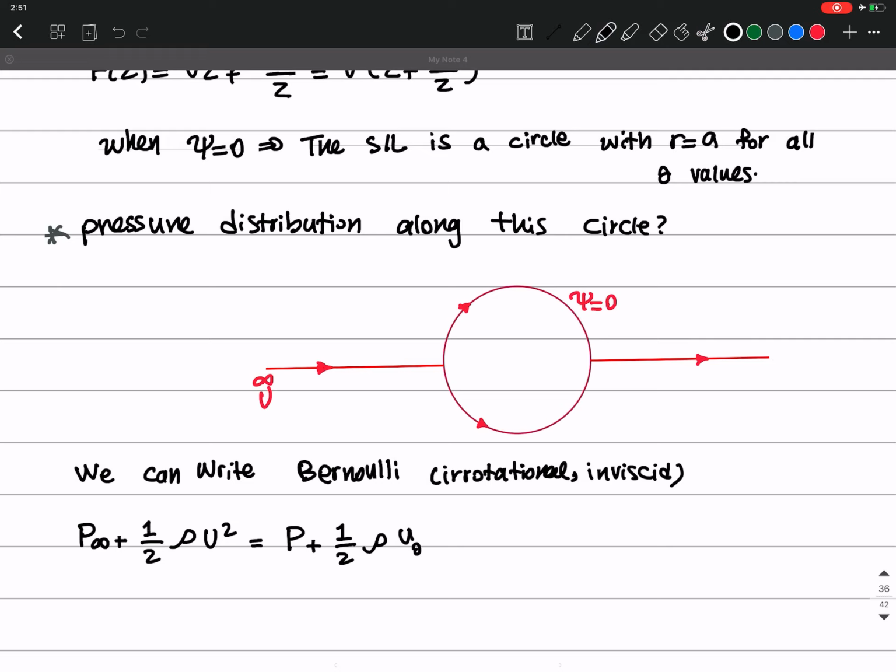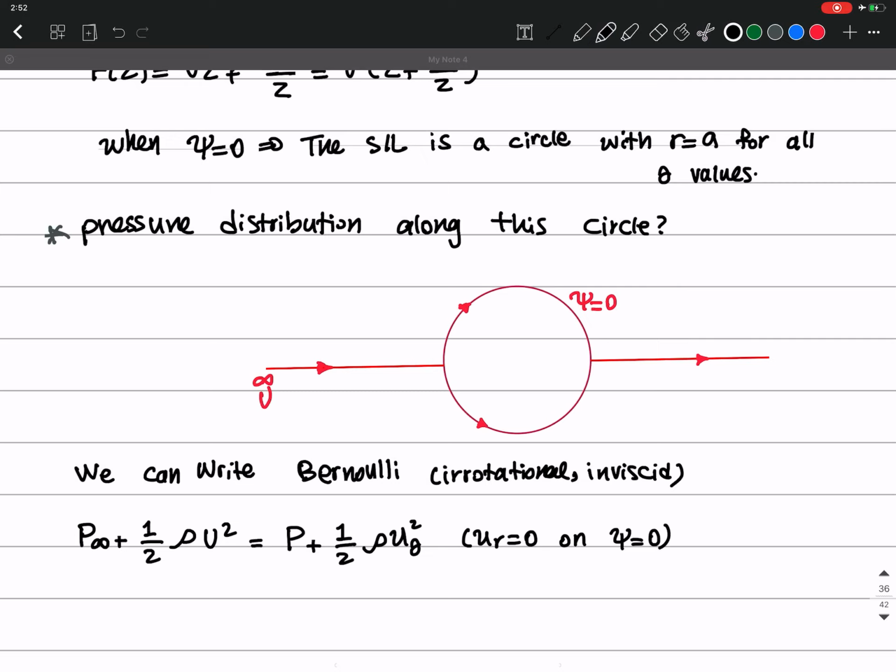And why is it U theta squared? Because we know that we don't have any radial velocity here. The only velocity that we are going to have there is the tangential velocity, because we know that Ur is 0 and psi equals 0. Otherwise, that's not going to be a circle.